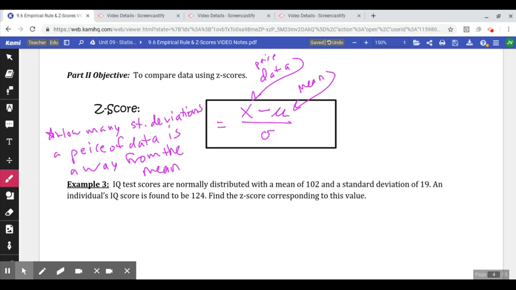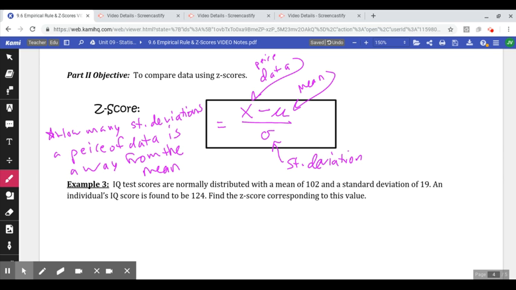Then you just divide that by whatever the standard deviation is, and that's this piece right here. If you do this in your calculator, remember that you'll have to use parentheses around that numerator. You want to group the numerator together.